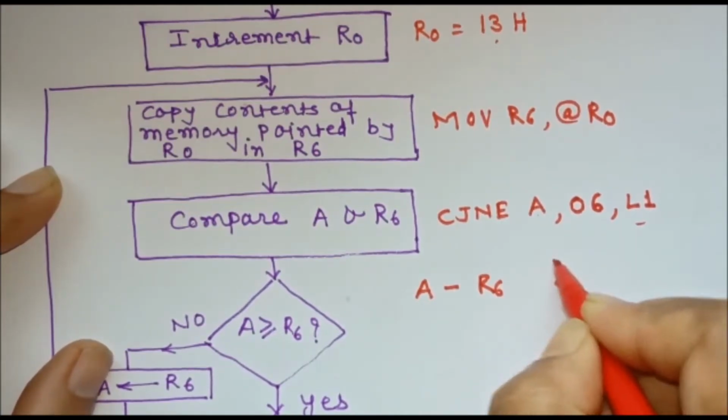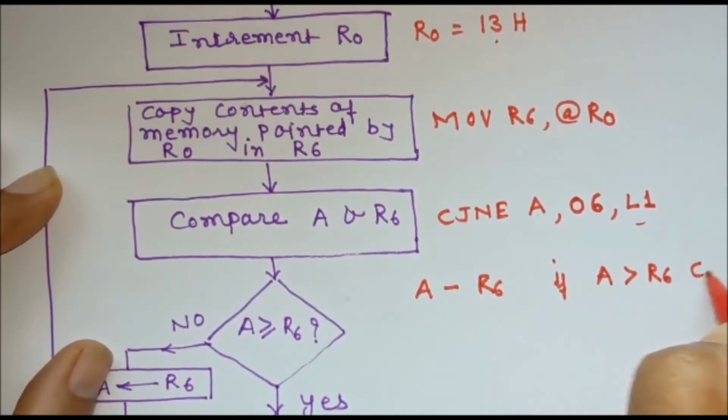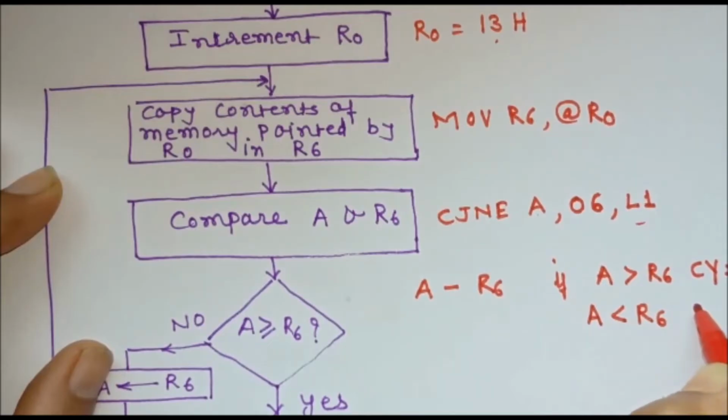So if accumulator contents are greater than register R6, then no need of borrow, so carry flag will be 0. But if accumulator content is less than R6, then there is need of borrow and carry flag will be set to 1.